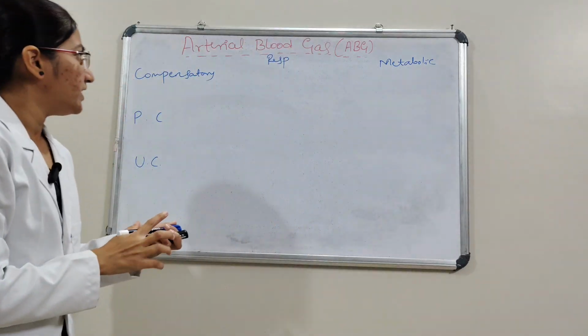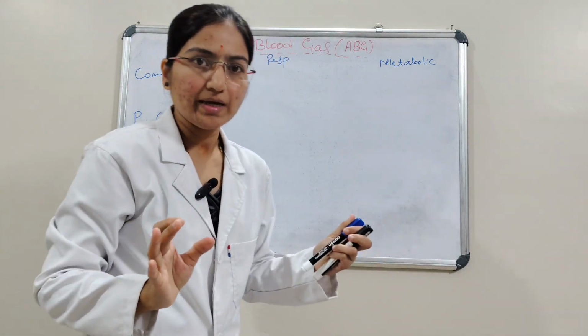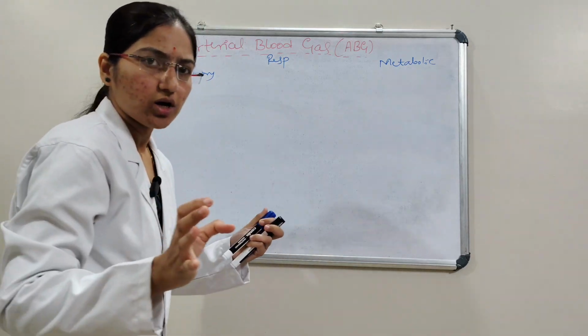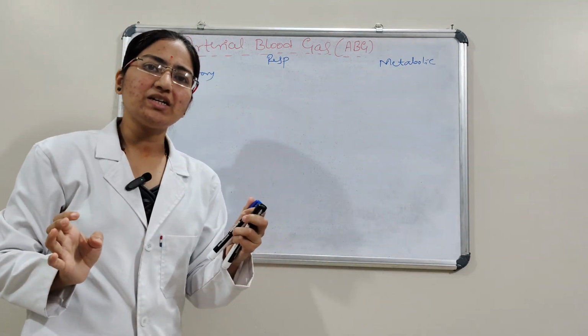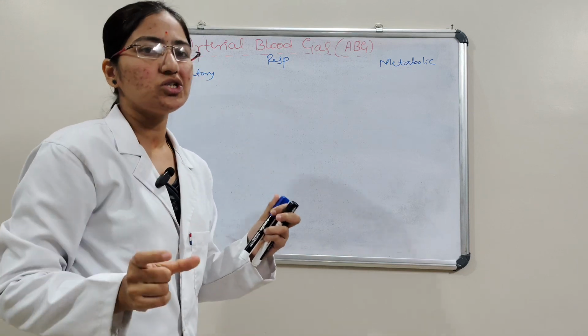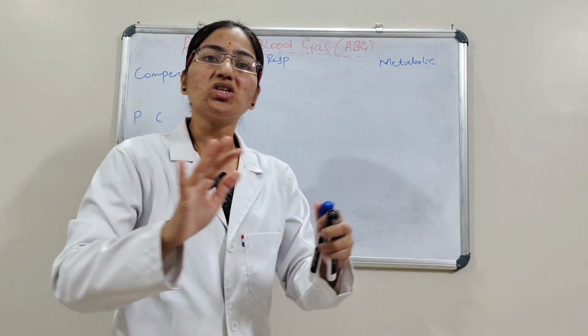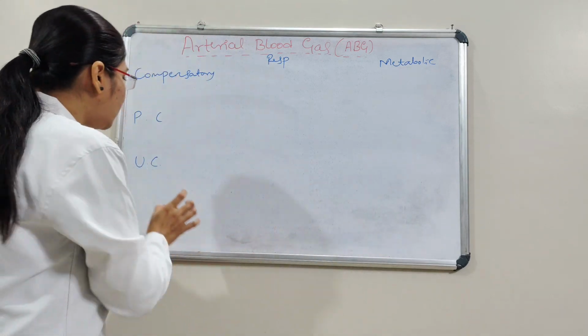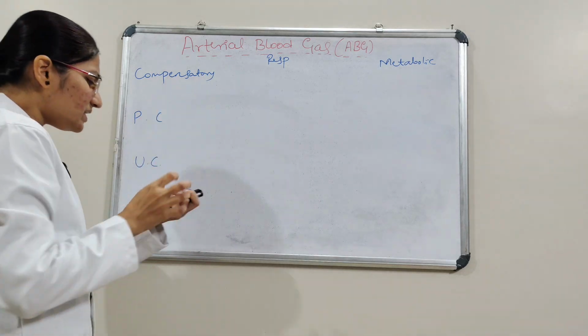Compensatory means disease gets cured fully, 100% disease gets cured. Partial compensatory means a little bit of the disease condition is going to cure. And uncompensatory means it doesn't cure the disease condition. Here we'll see the compensatory.